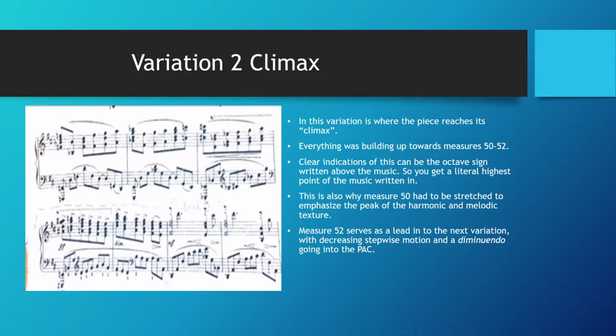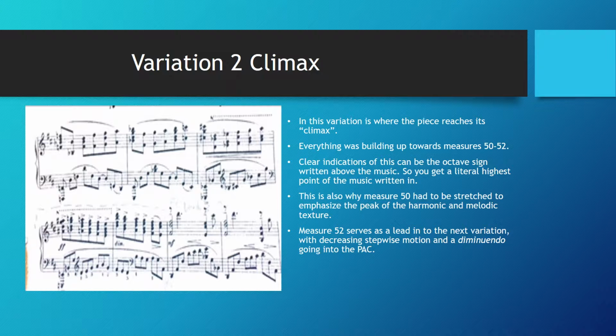So the dynamic increases, and that's part of the climax. There's also the fact that the melody is increasing stepwise all the way up to a higher register. And once you get to measure 50, you get an octave sign, so you have to take the melody up an octave. And so you do technically reach the climax of register.